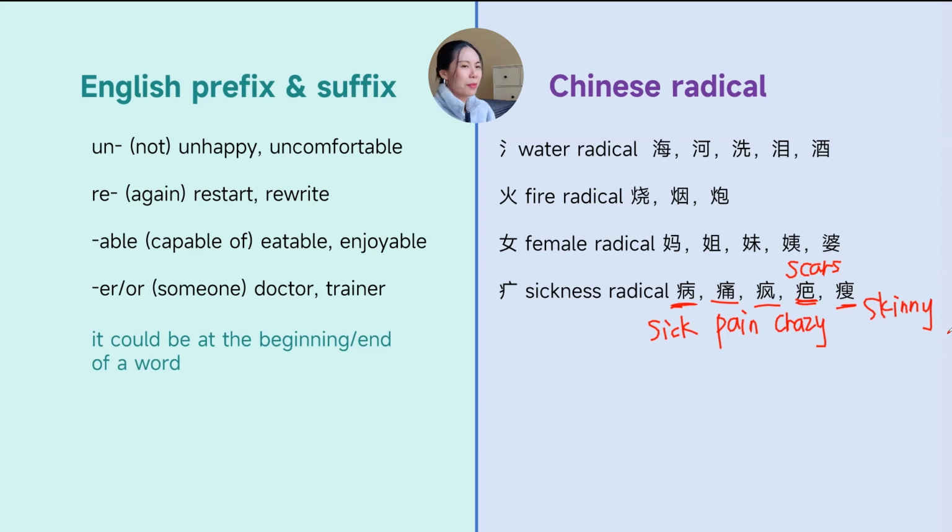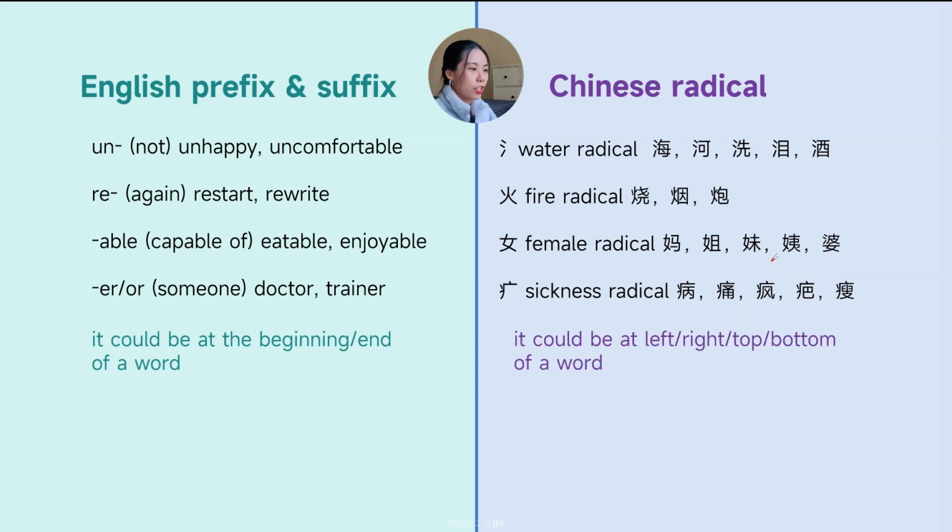But skinny doesn't mean the person's sick. But if someone's sick, there's a very big chance they will get skinny, right? So the Chinese radicals could be at the left or right or top or bottom. Like the female radical right here, it's on the left. A lot of them are on the left, but this one, the 婆, is at the bottom. And like the sickness radical, it's right here.